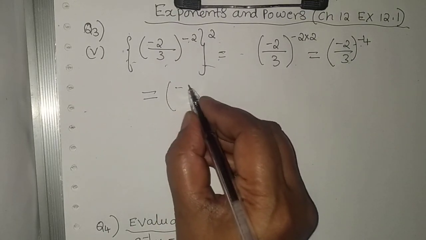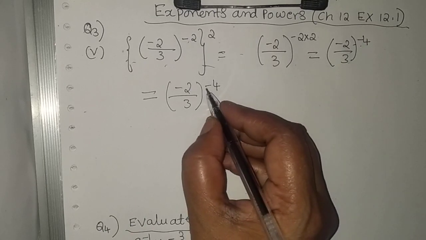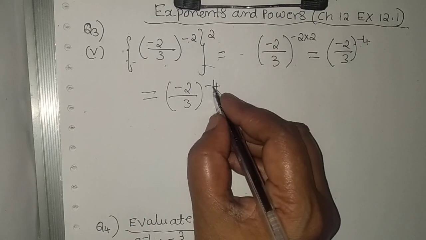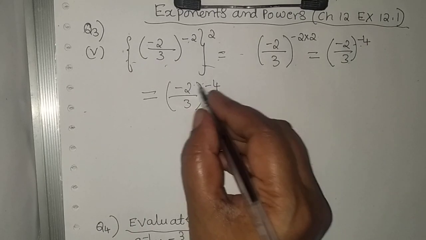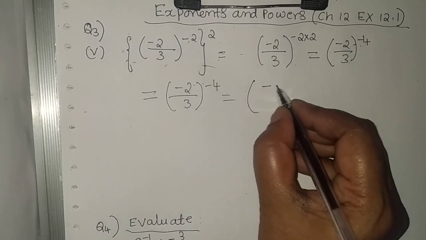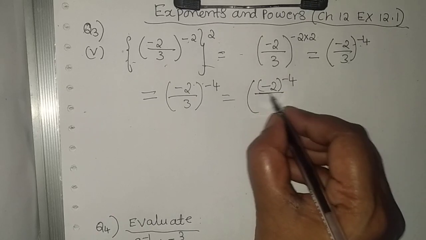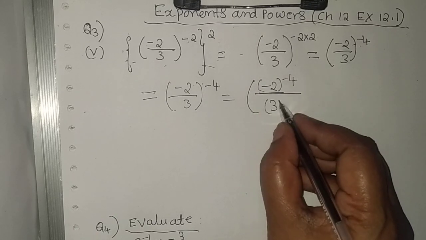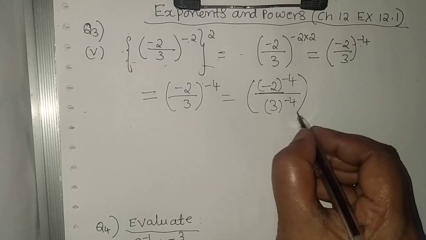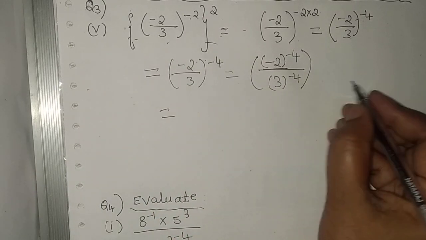so here we got minus 2 by 3 to the power of minus 4. Now bring this power inside the bracket. When we bring the power, we get minus 2 to the power of minus 4, then 3 to the power of minus 4. So after this, what we have to make?